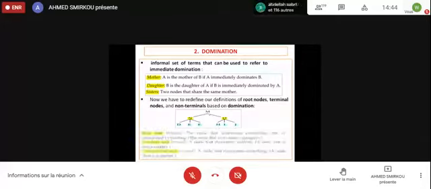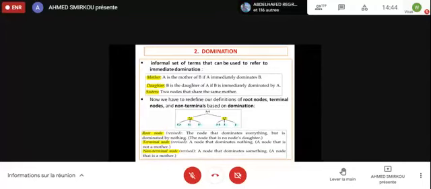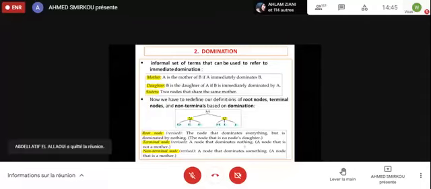Okay, so root node M, the node that dominates everything. The root node is the node that dominates everything, but is dominated by nothing. Nothing dominates the root node M. Terminal nodes D, E, F, H, I, J: a node that dominates nothing. And they are dominated.